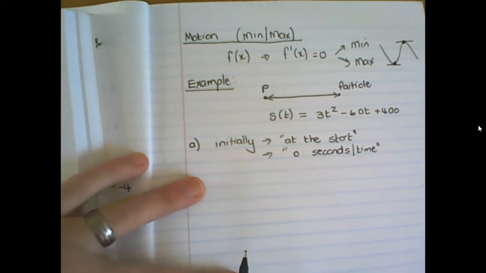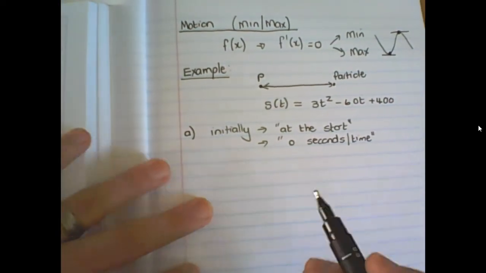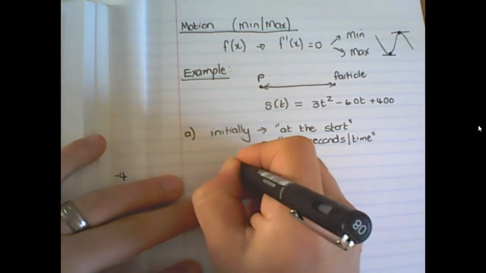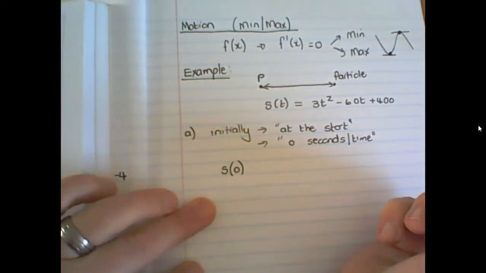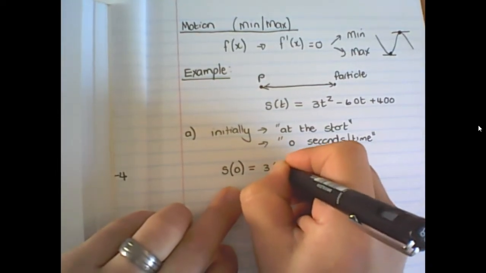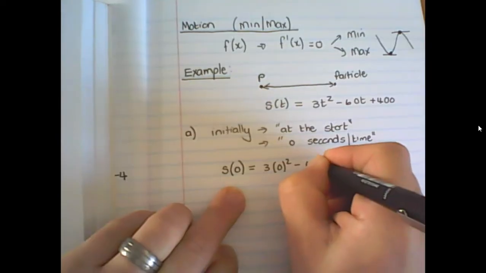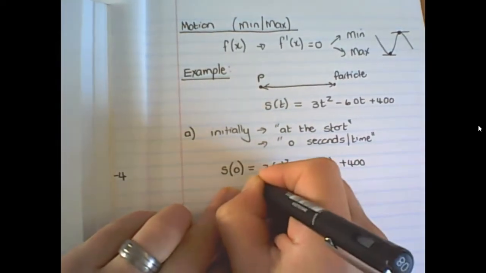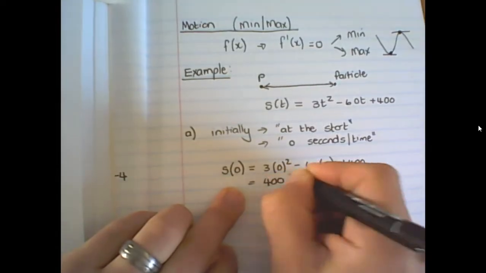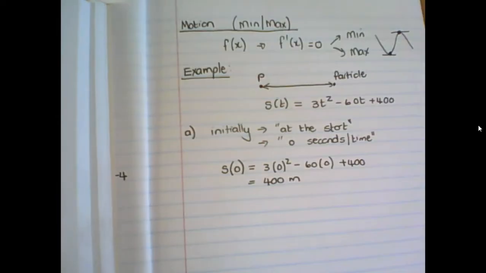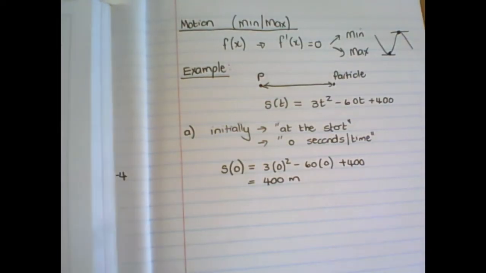I hope that is clear. So the particle initially means I need to substitute t with 0. So it's 3 times 0 squared minus 60 times 0 plus 400. And this now is 400 meters, because they said the displacement is measured in meters.